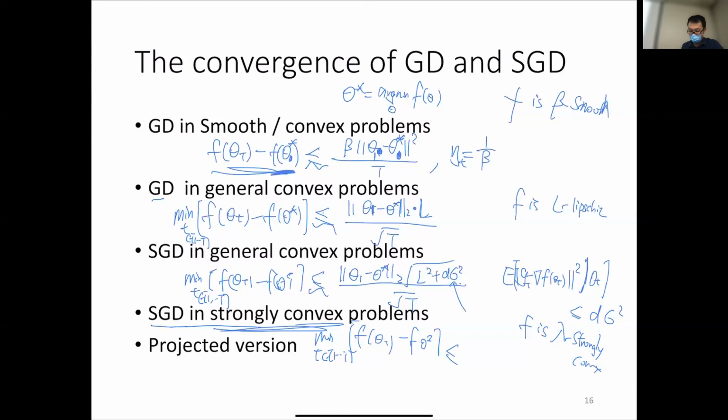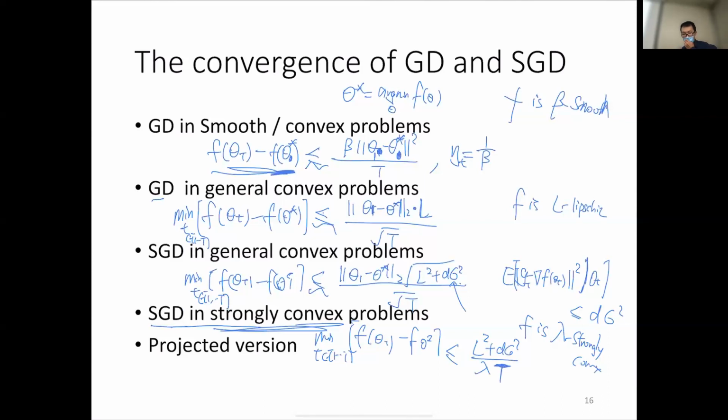You'll be no longer dependent on the boundedness or on the difference between the optimal solution and your solution. What you end up getting is L square over d sigma square over lambda times t.